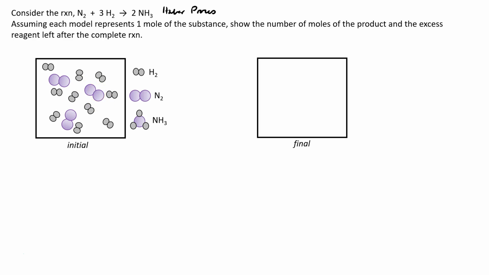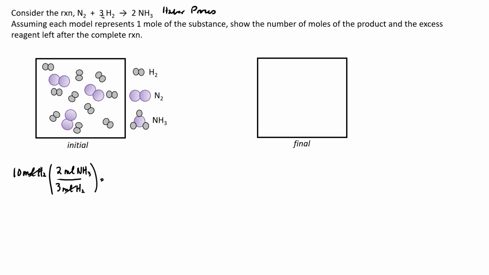So I am counting here 1, 2, 3, 4, 5, 6, 7, 10 moles of hydrogen. And if hydrogen is the limiting reactant, for every 3 moles of hydrogen, we could get 2 moles of product, ammonia.